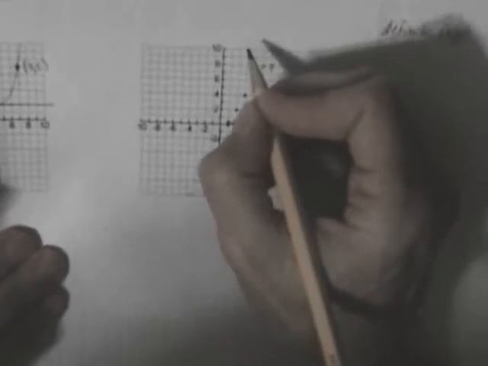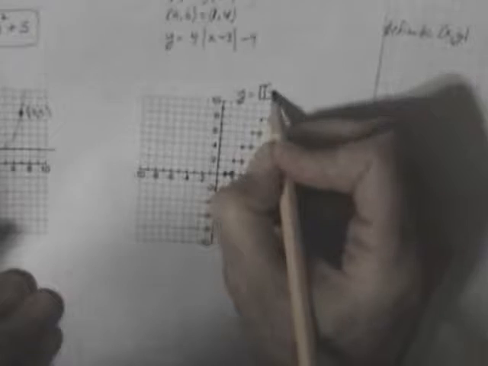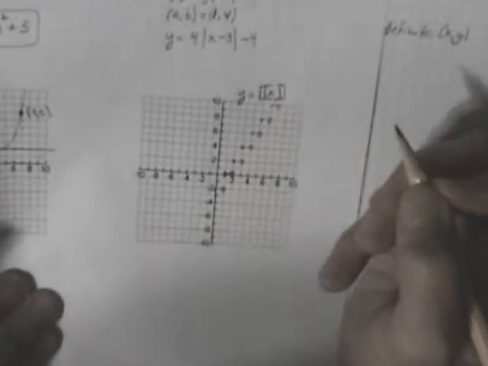And the parent function is y is equal to, and here's the notation for the greatest integer function. It's kind of like brackets, but it's got these extra little bars in it. If you want to look at just the regular parent function on the graphing calculator, you can just press y equals, math, num, option 5, int of x.